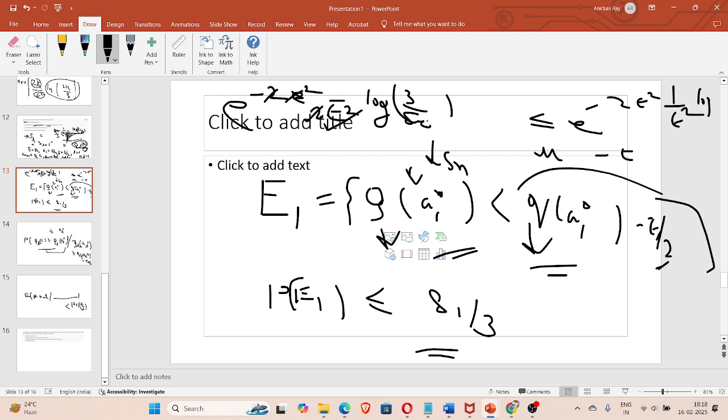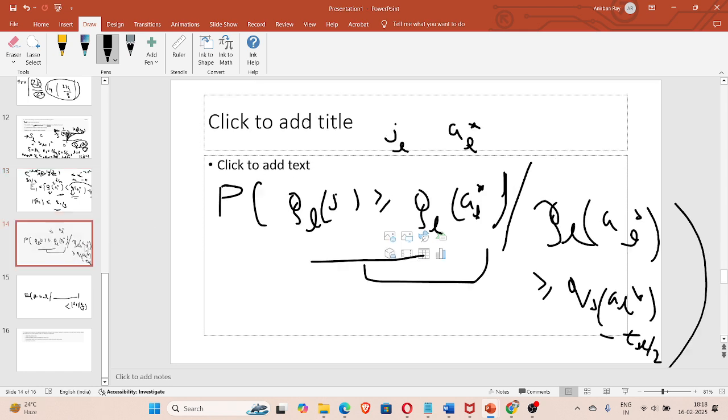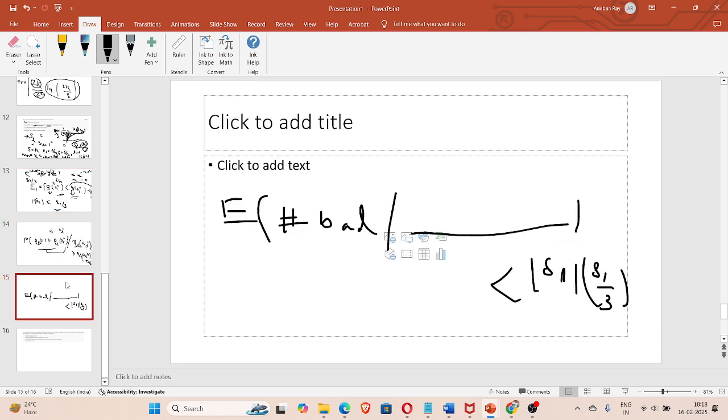so minus is because of delta_L by 3, log, so exponential of log, so what happens, this will be delta_L by delta_1 by 3, and you again use this one here to get the bound for this expression, which comes out to be delta_L by delta_1 by 3, like that, from the Chernoff-Hoeffding bound.